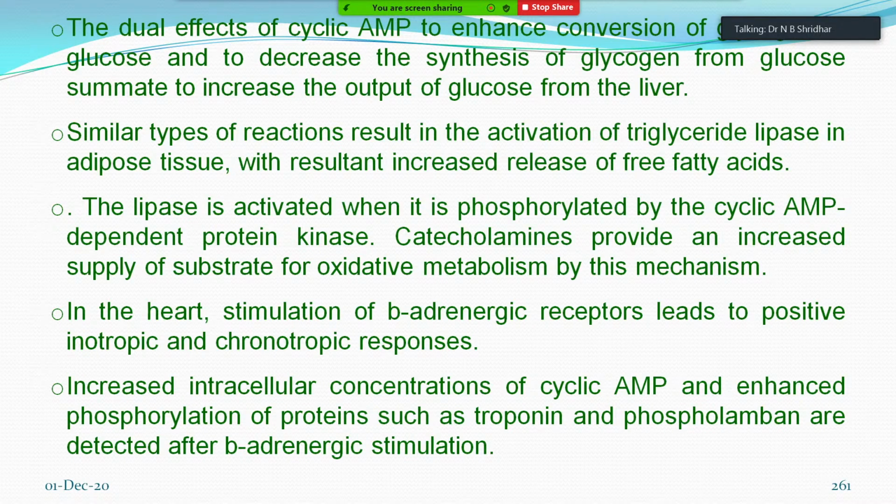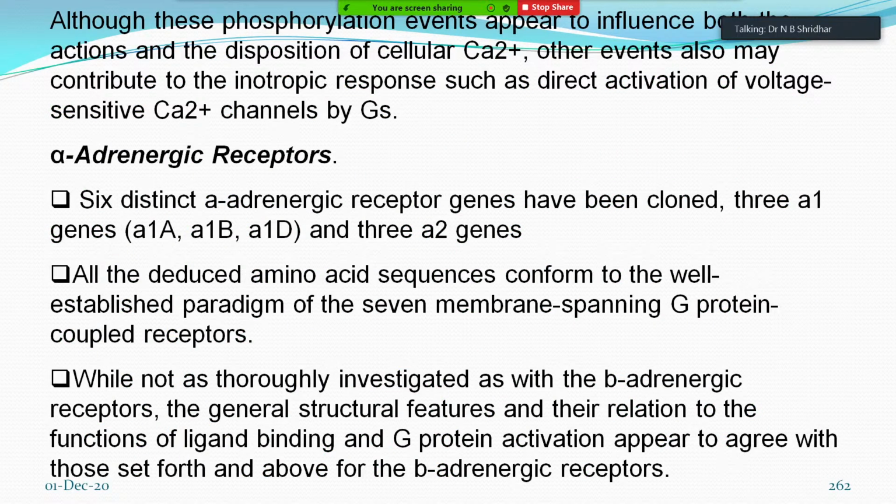And cyclic AMP is an important thing in the case of the beta-adrenergic receptors. All these phosphorylation processes ultimately affect the disposition of cellular calcium, and there will be intracellular events that take place, giving a positive inotropic response and a positive chronotropic response, and both of these are sensitive to calcium channels regulated by G stimulatory protein.